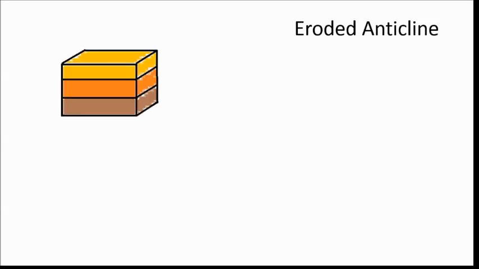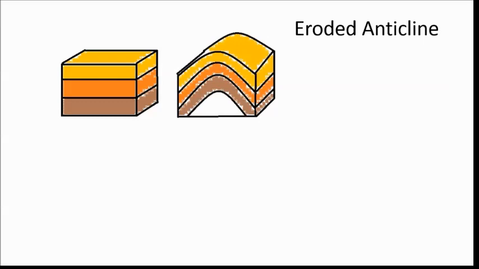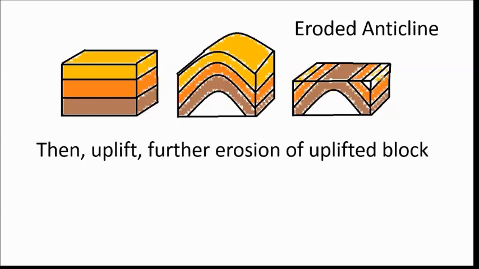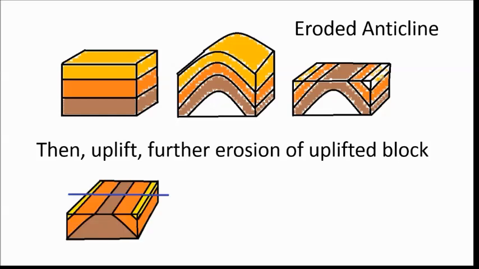Okay, let's apply that to an anticline this time. There are flat beds. They've been folded up into this anticlinal shape, and then over millions of years it's been worn down. You can see the oldest bed is in the core. Okay, let's fault this now.